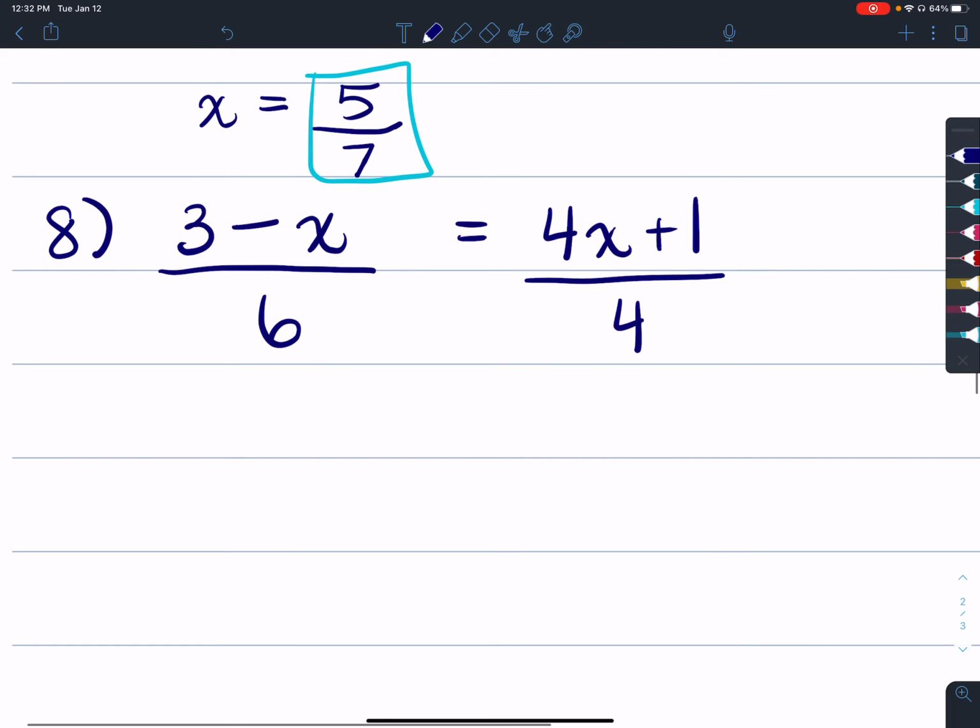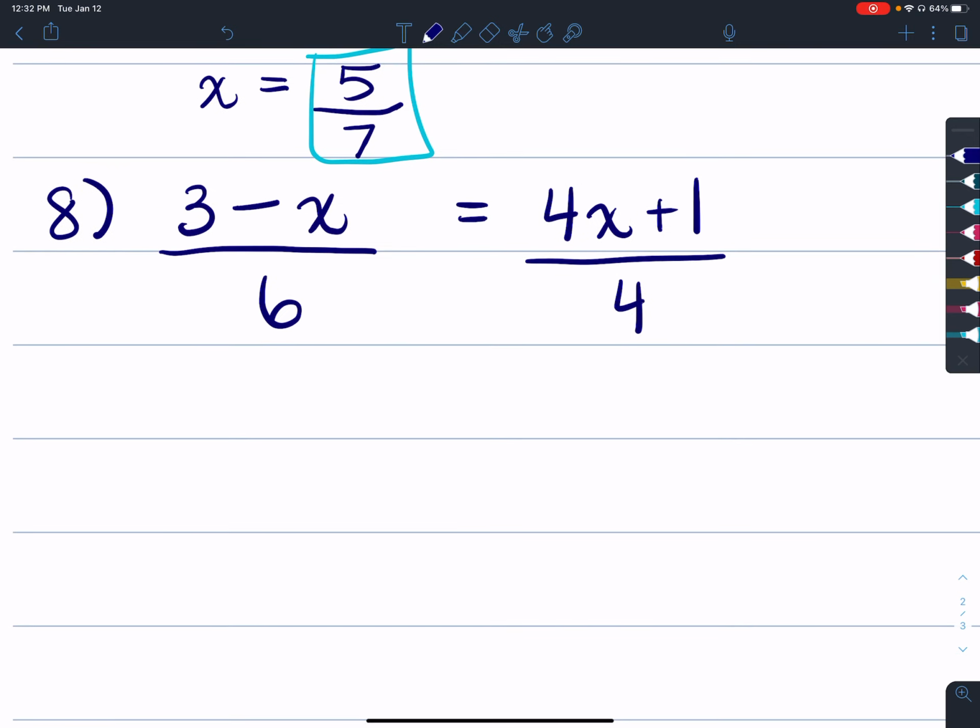So this one has 2 denominators that are going to give us problems. You can tackle both denominators at once if you want to. I'm going to do it one at a time so you really understand what I'm doing. Here on the left side, we have our 3 minus x.